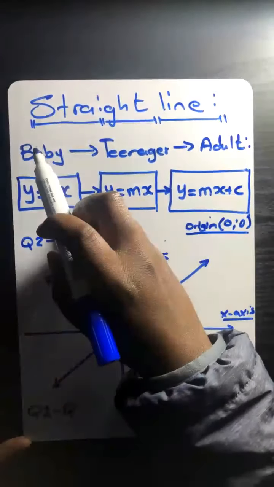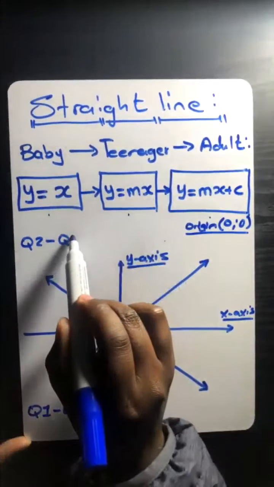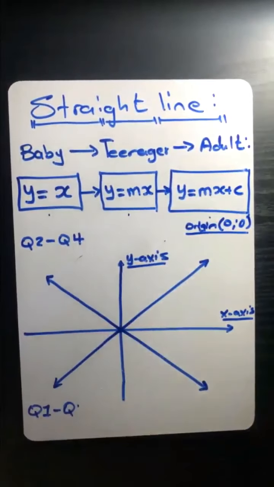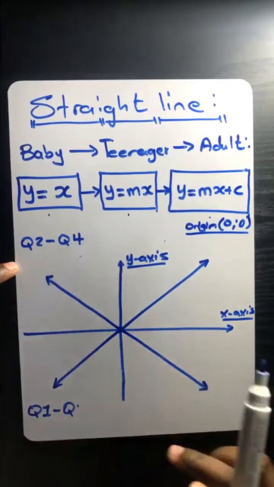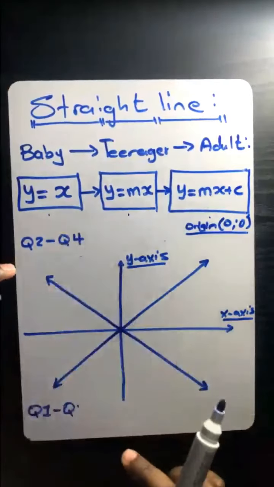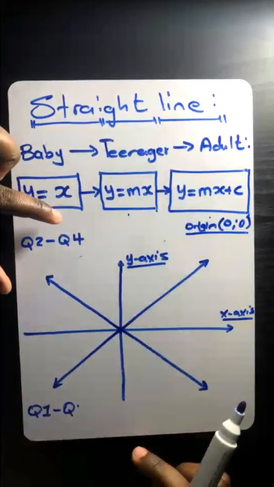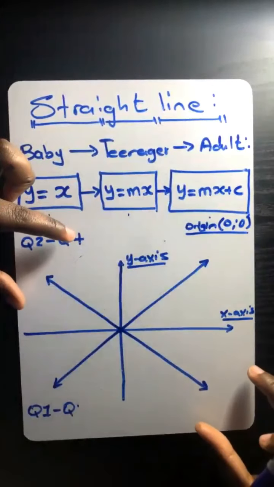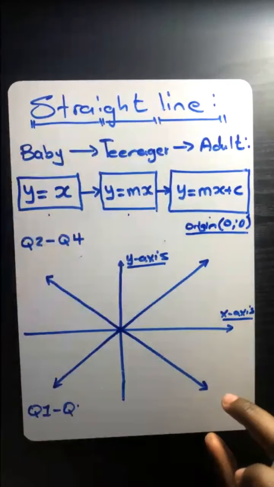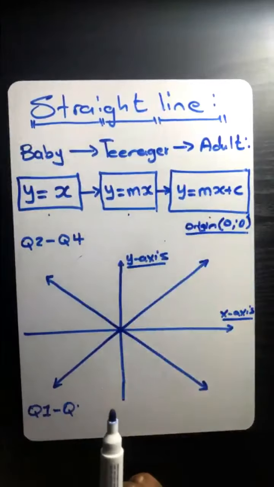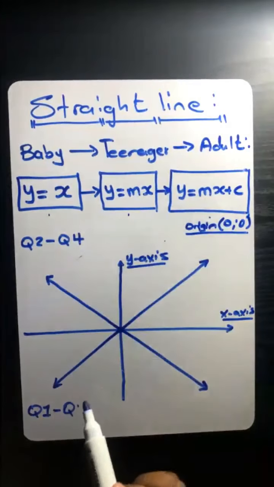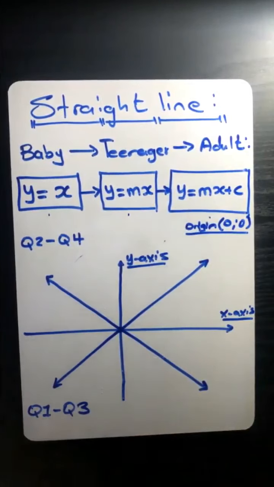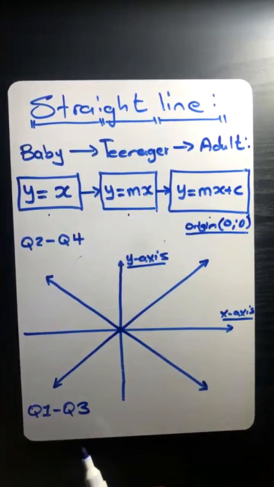So let me just make sure to update that so that it makes perfect sense. By quadrant number 2 and 4, I'm simply saying it's a line that ends in quadrant number 2 and quadrant number 4. So this one is a line starting from quadrant number 1 and it also passes through to quadrant number 3. Very, very much important.